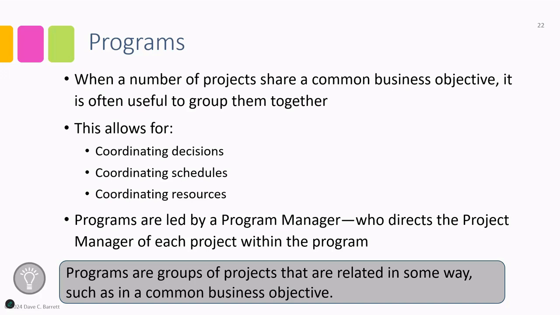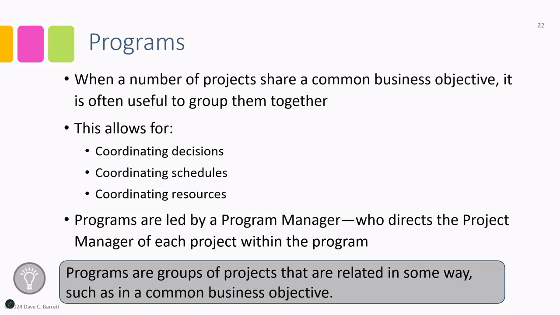So that's a program. This allows for things like coordinating decisions. I know that the approach, the direction of one project could affect the others because they're all working towards the same business objective. They can potentially coordinate their schedules, and they can coordinate resources. For example, resources may move from one project to the other.